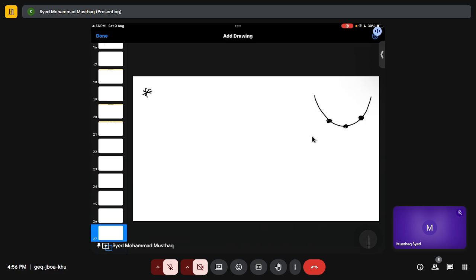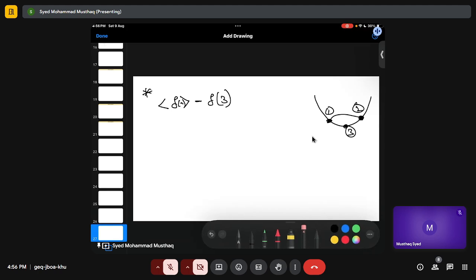Now let's see the average of points 1 and 2, and 3 for concave. So that function is given as the average function minus f of x at 3. Let's see what exactly this means and how this is related to f double dash of x.